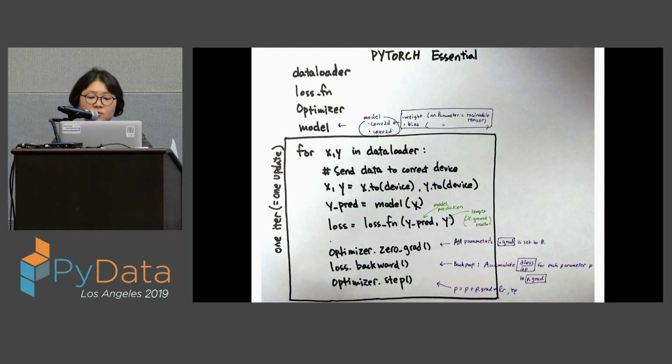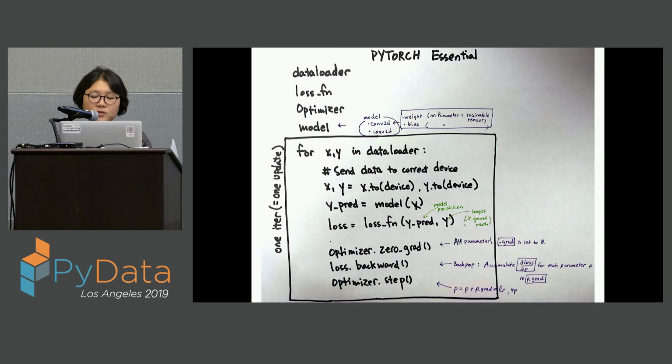And then we need to make sure, before we do any backprop, that your parameters' gradients are 0, because we don't want to accumulate gradients unless that's the desired behavior. So we call optimizer.zero_grad, which takes all your parameters' attribute called grad and sets it to 0. And when you do loss.backward, it calls the auto differentiation on all the parameters that you're training.